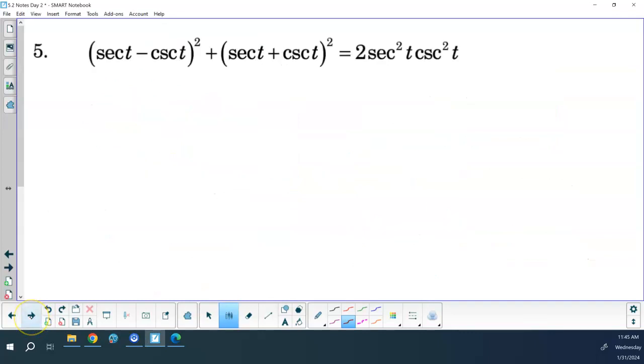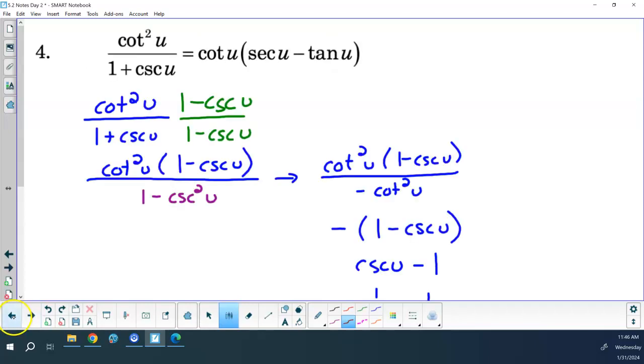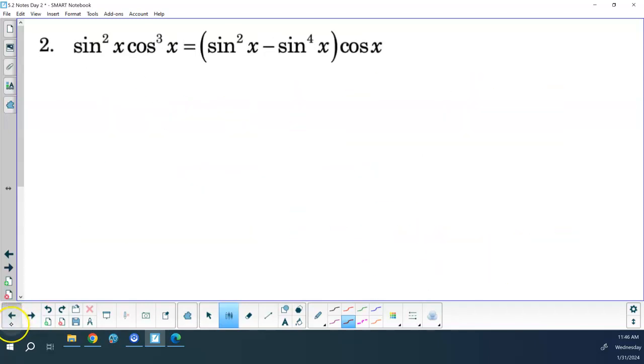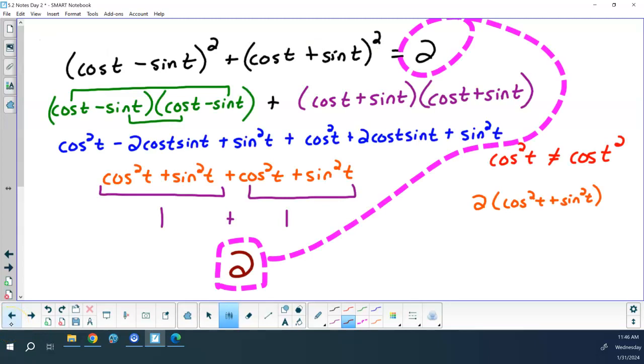This one is not a lot of factoring, it's just a lot of multiplication. This one, D, is no different than the other. It looks like there's going to be a lot of work, but there's really not.